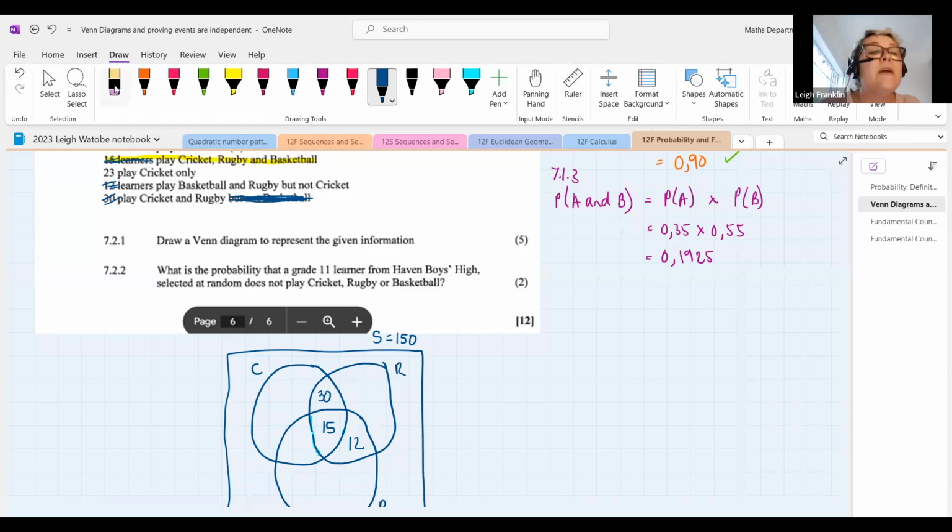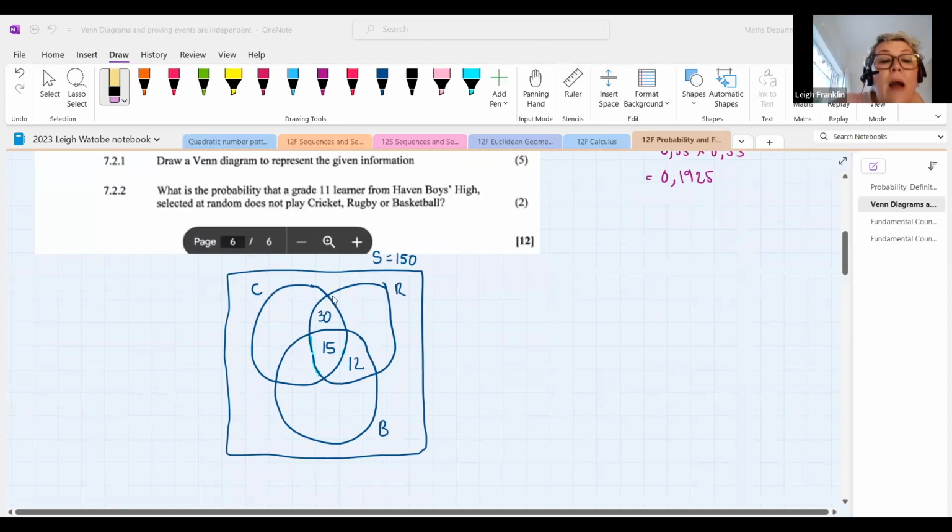I don't have to do that in this case, but sometimes they expect you to be able to do that. So you'd have to say 30 minus the 15 in the middle. All right, but they haven't done that. Yes, Nolwazi, that's exactly it. But here we're filling the 30 in where it is because they told us they play cricket and rugby, but not basketball. Okay, so we've been able to fill in a little bit.